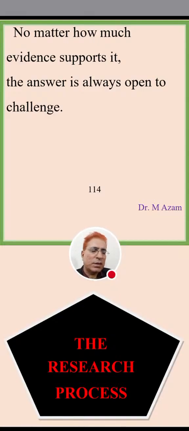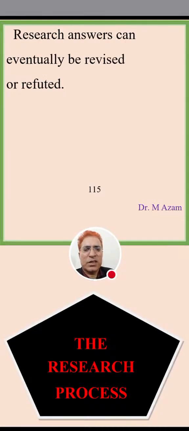So, this is the theory of evolution. So no one can prove or disprove it. So it still remains a theory. It has not become any law. No matter how much evidence supports it, the answer is always open to challenge. Research answers can eventually be revised or refuted. Refuted, they can be disproved.